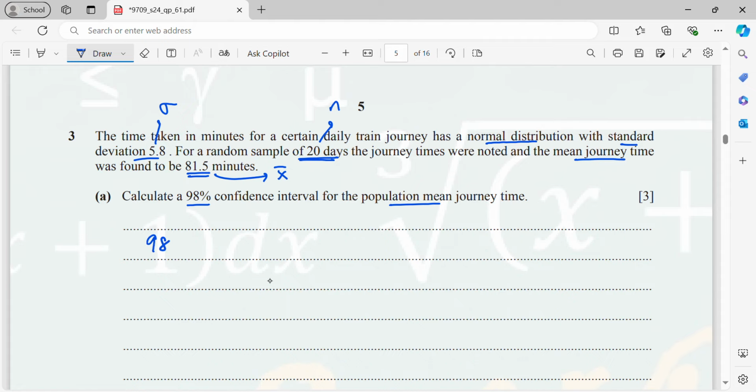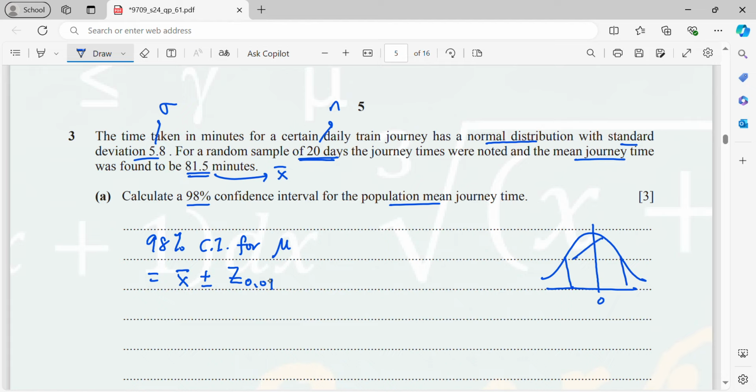So now 98% confidence interval for population mean, which means it is mu. The formula is x bar plus minus z 0.01 times sigma over square root n. How to get this 0.01 is basically sketch a graph. You are constructing a 98% confidence interval.